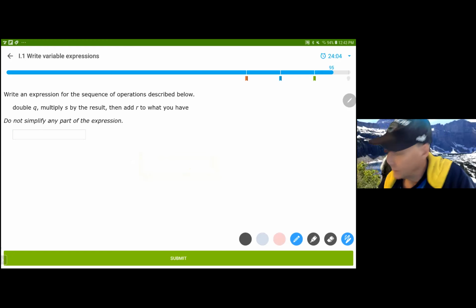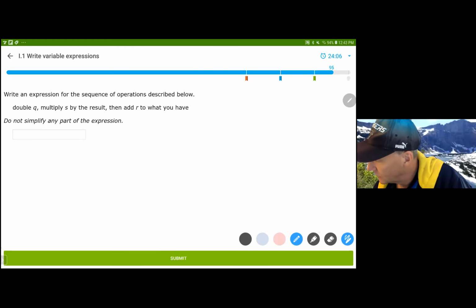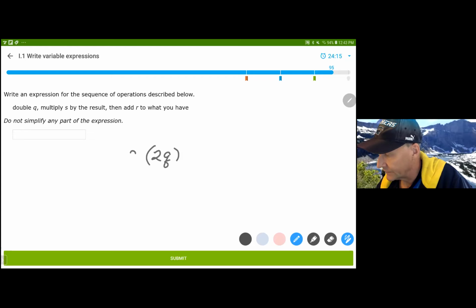Double Q. 2 times Q. That's doubling Q. Multiply S by the result. So we're supposed to take S and multiply it by the result of multiplying 2 times Q. Then add R to what you have.